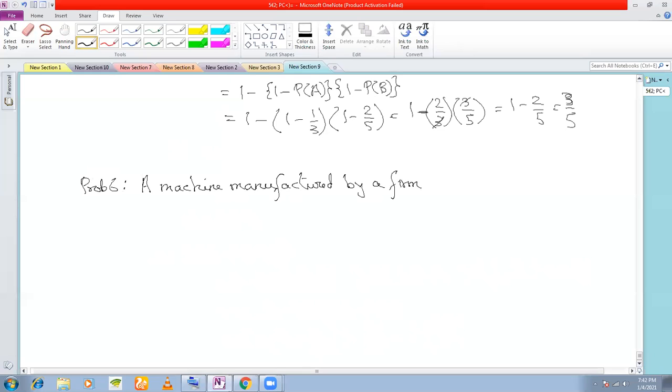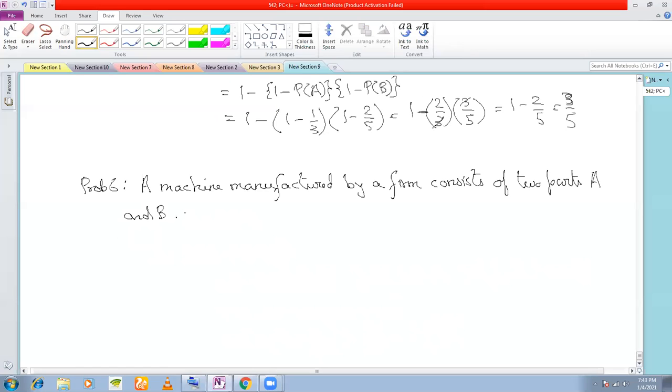A machine manufactured by a firm consists of two parts, A and B. So the machine consists of two parts, part A and part B.